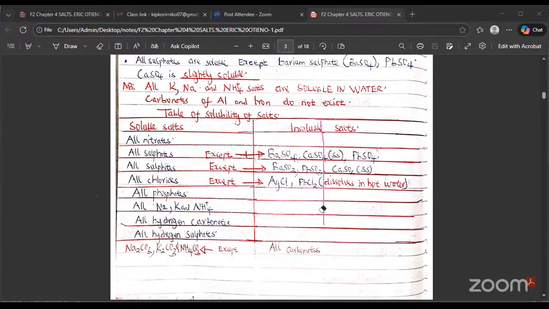So I'm saying we have a lot of salts. In fact, this diagram does not actually exhaust all of the salts that we have. So it is very important for you to. So I said this table is very useful when you're in a rush.